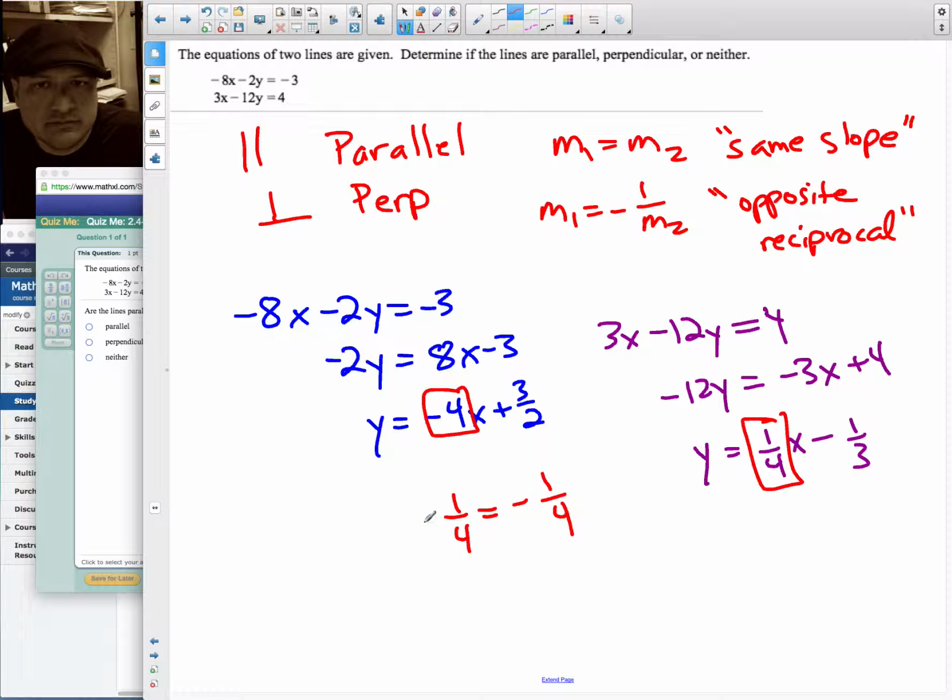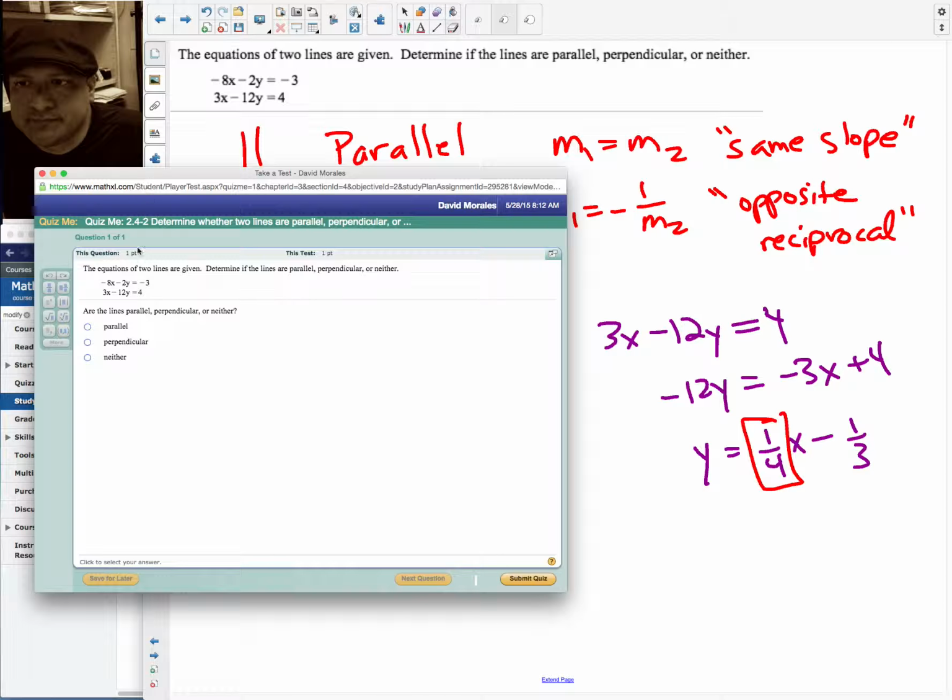It's already a negative 4, so it becomes a positive 4. Basically, if you take the negative and reciprocate it, you get that. So they're perpendicular.